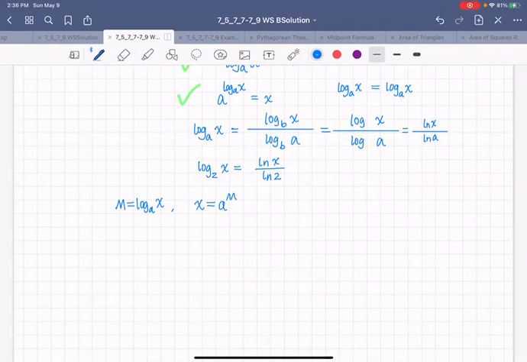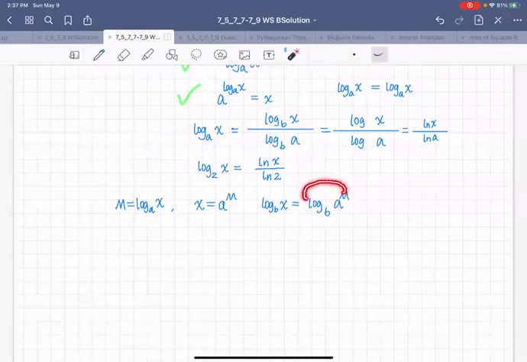Okay, so log base b of x will equal log base b of a to the power of m. We can put this exponent in front. That becomes m times log base b of a.